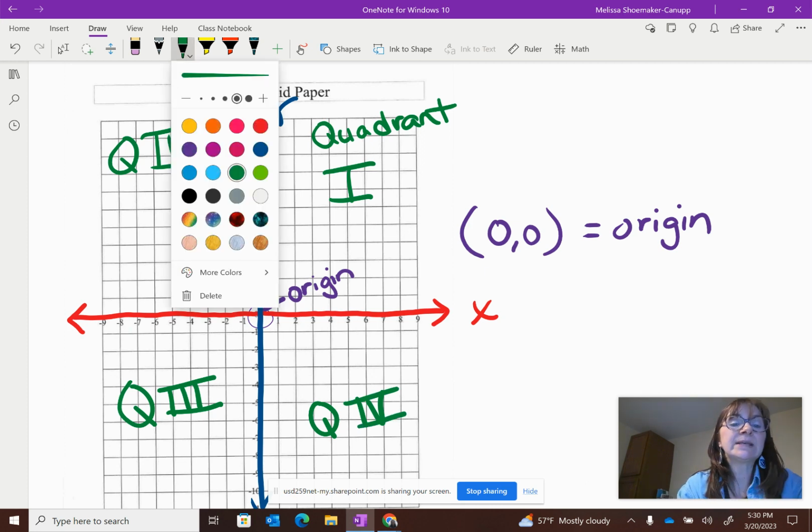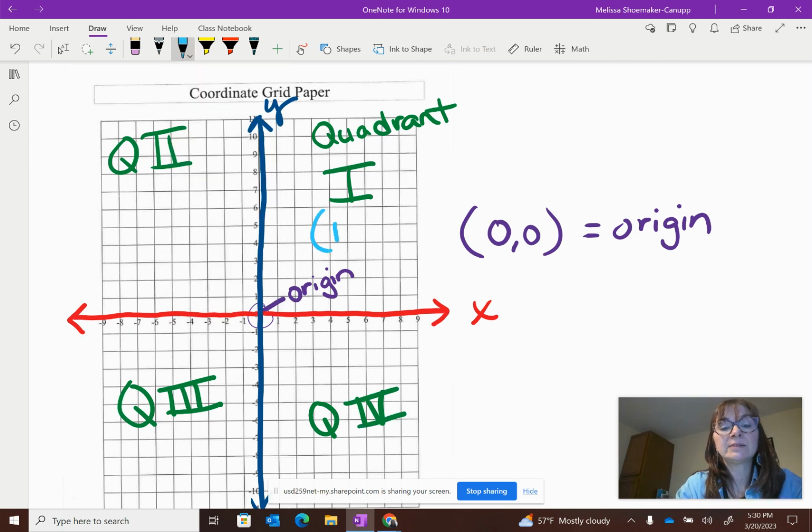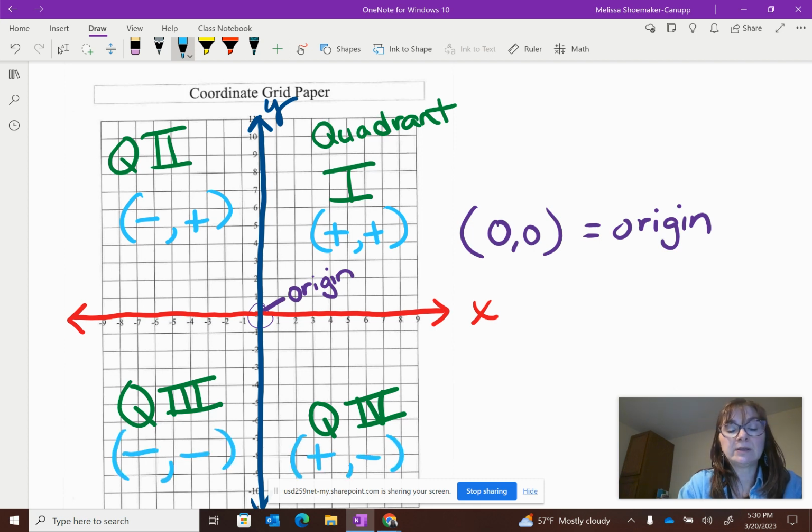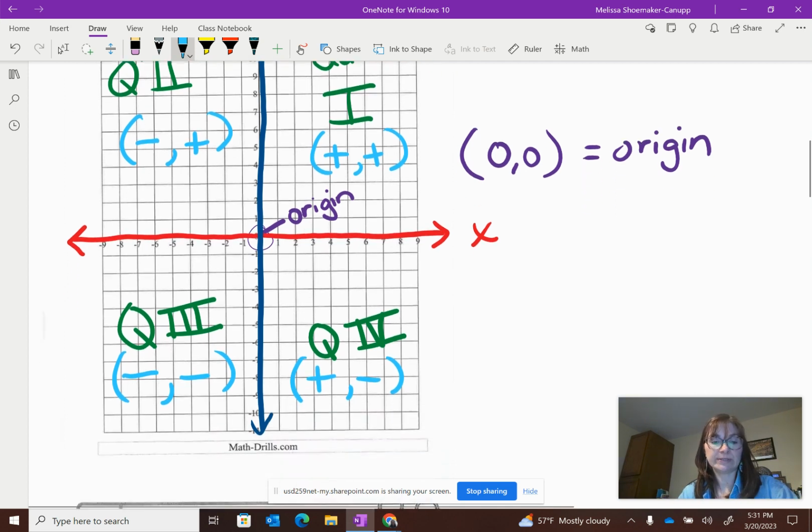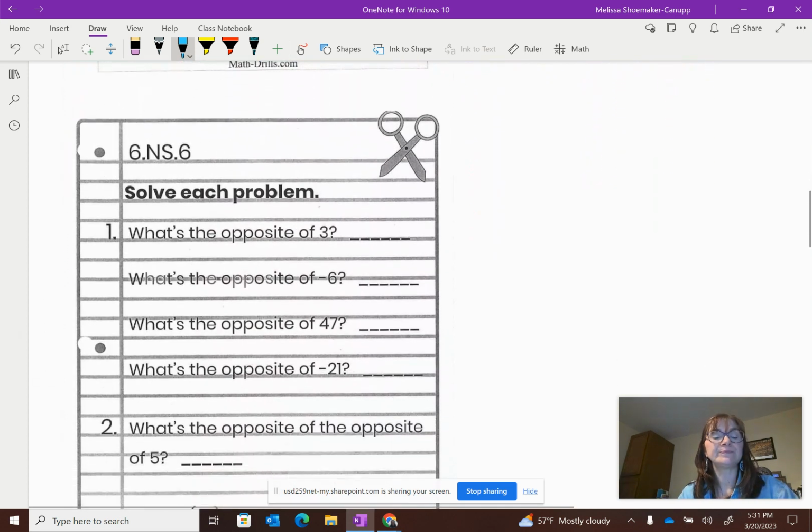Okay, so the last thing that I like to add is the fact that this is positive, positive, negative, positive, negative, negative, and positive, negative. Okay, so some of what you're going to be doing is just practicing labeling all that and understanding what it is. Okay, pause if you need to.